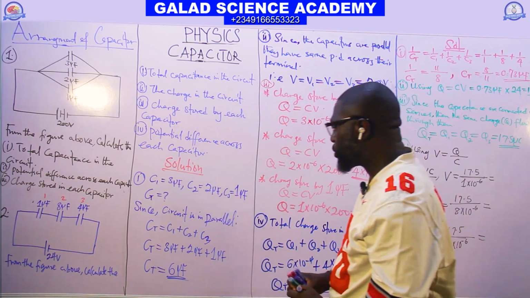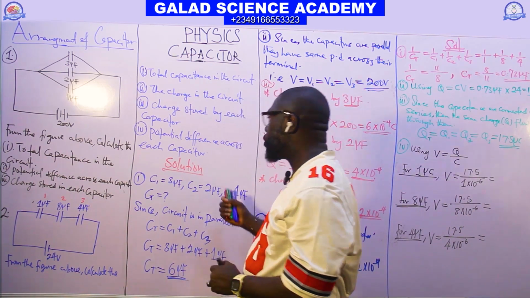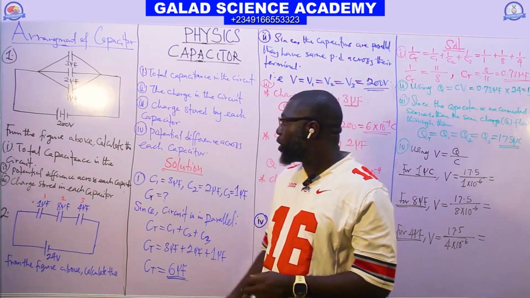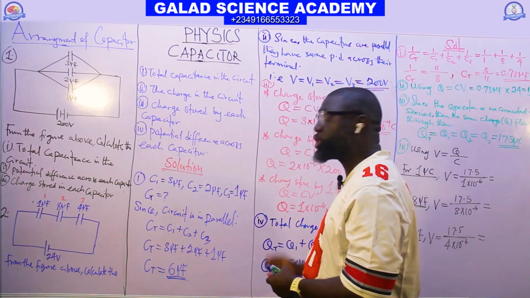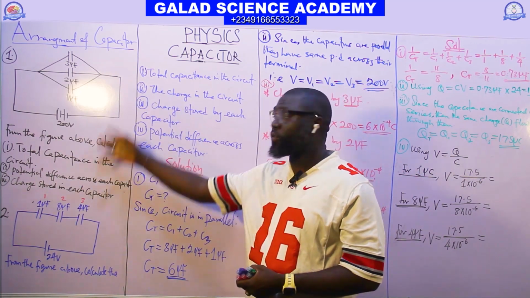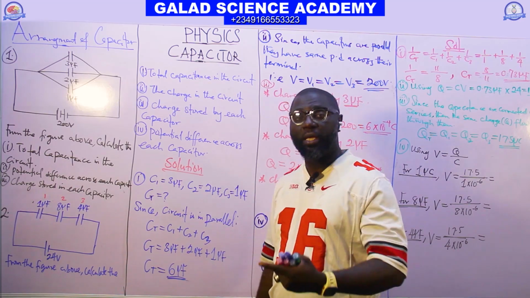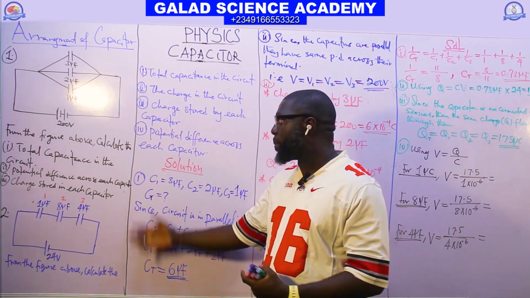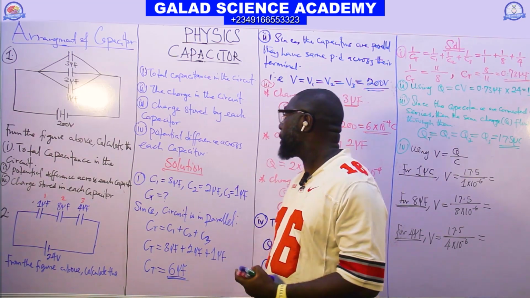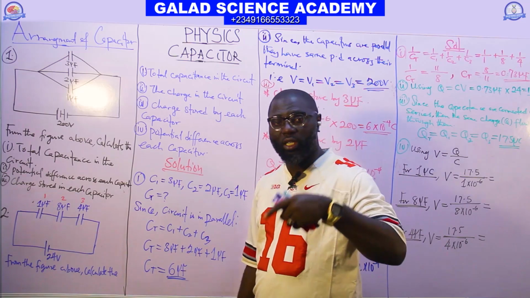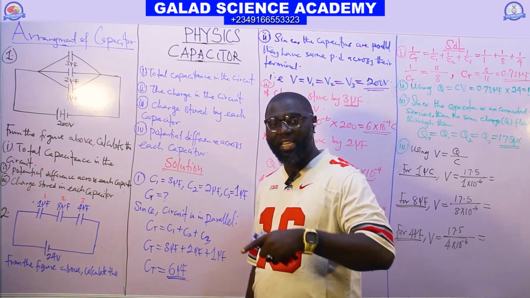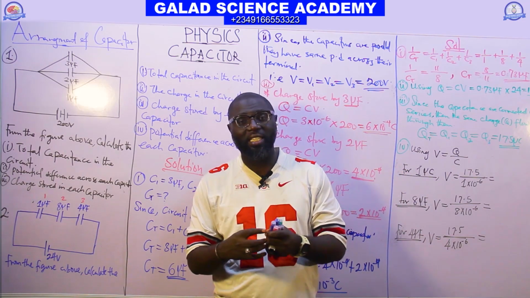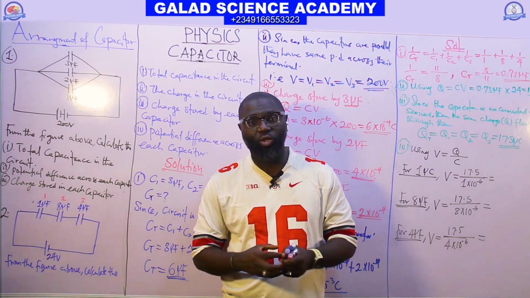So that is all about these two questions. I will still add more questions on it, but these are the theoretical parts of capacitors. Let me try to add the multiple choice questions for capacitors, before we move to the energy stored in capacitor and energy density, then the force of attraction that exists in parallel plate capacitor.